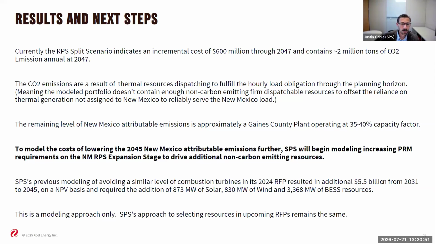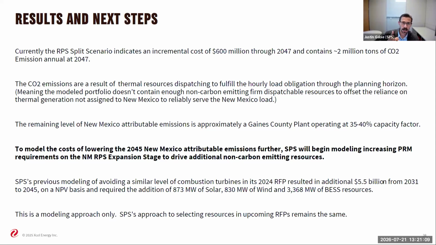What we are thinking would be the next step is to model the cost of lowering the 2045 New Mexico attributable emissions further. We would increase the PRM requirement and allow the model to only expand on non-carbon emitting resources.